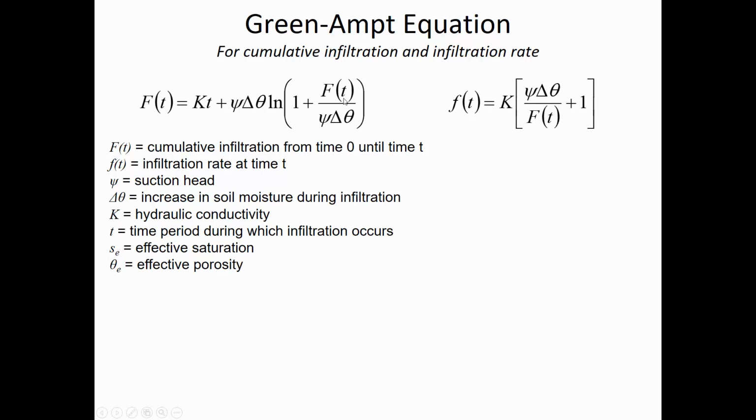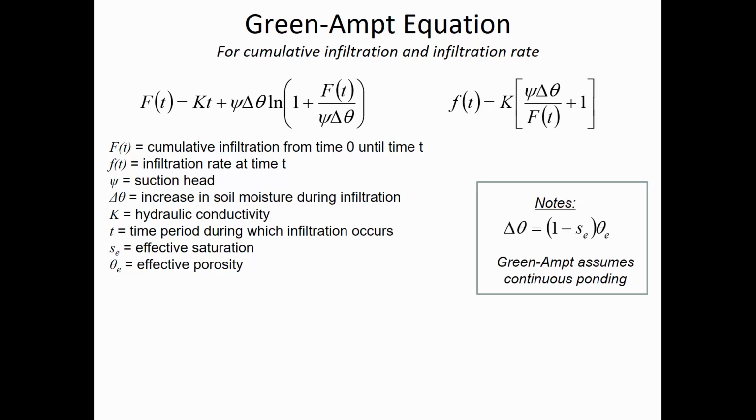And so our approach was that we made some guess of what it might be, and then we checked the right-hand side and the left-hand side, and we keep adjusting our guess until the two sides of the equation are equal. We had to do that with the Colebrook equation for friction factor f. So we'll be doing a similar thing here for Green-Ampt. We'll be using a similar approach to find out what is the infiltration depth and the infiltration amount.